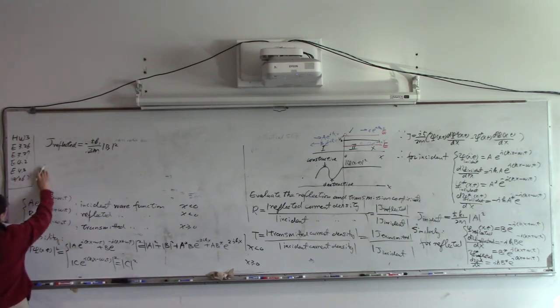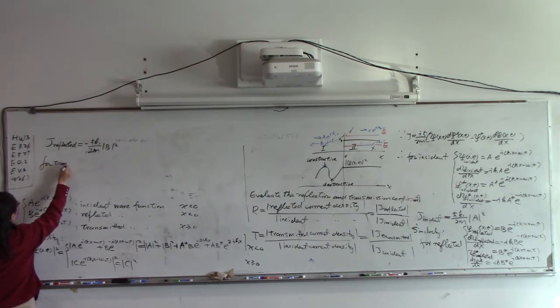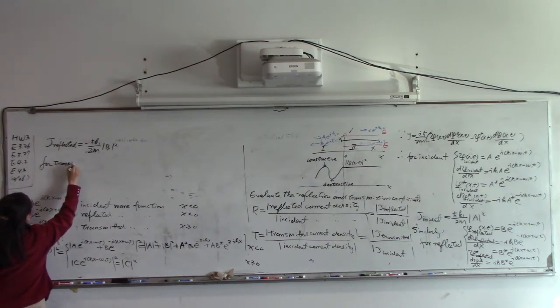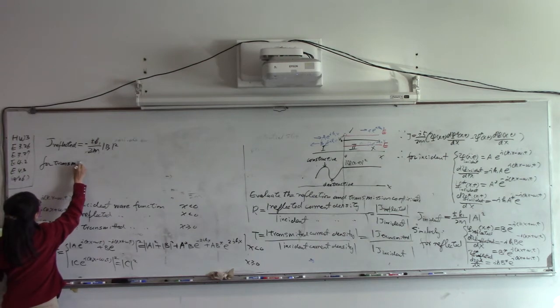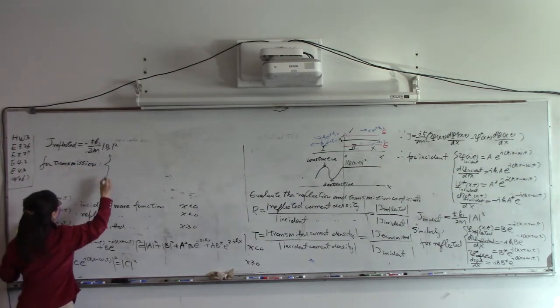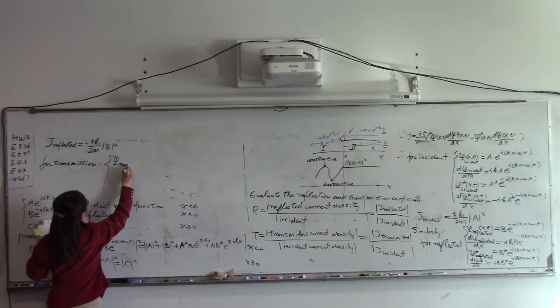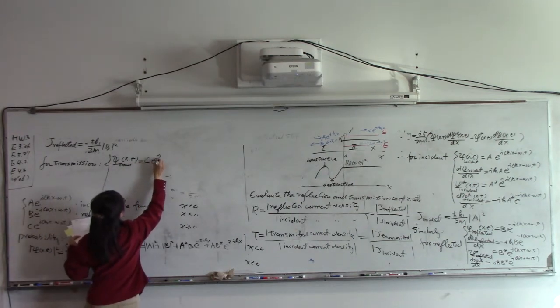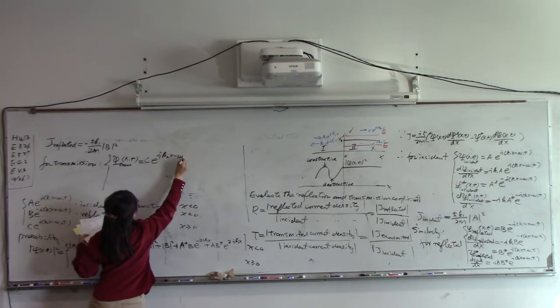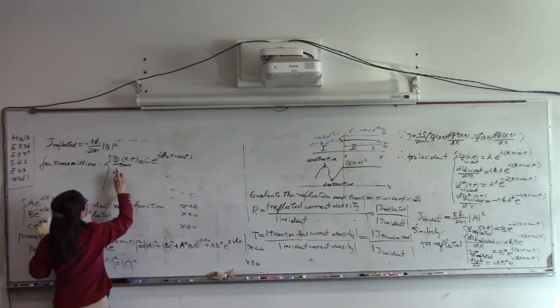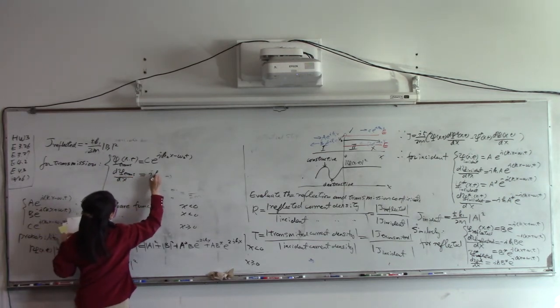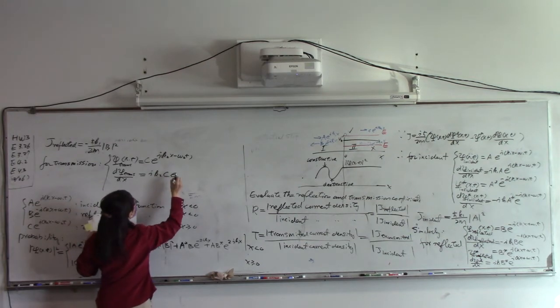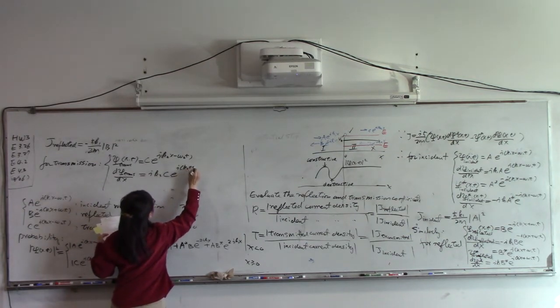Now for the transmission, psi transmitted, just simple trans, is C exponential i(k2 x minus omega 2 t). Psi transmitted is C exponential i(k2 x minus omega 2 t).